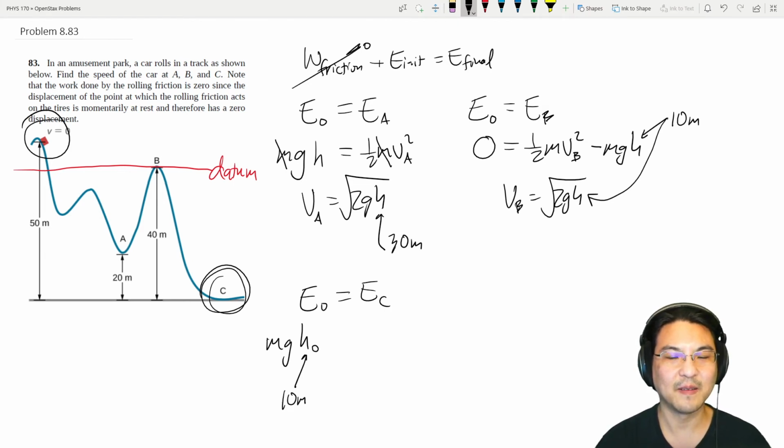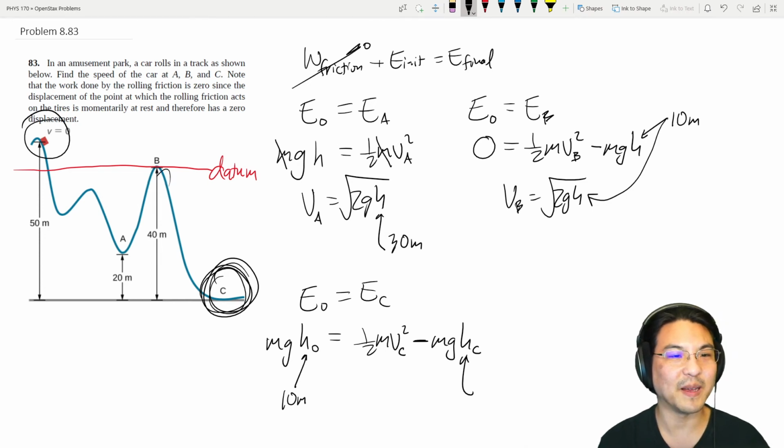And then final, when we're over here, we're going at some speed at C. And now what's the gravitational potential energy? It's below the datum, so negative. And then what number is this? Below the datum by 40 meters.